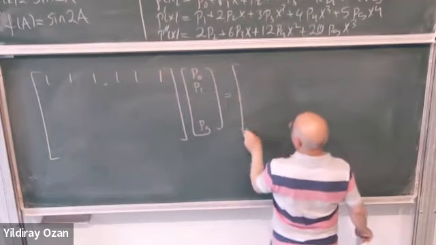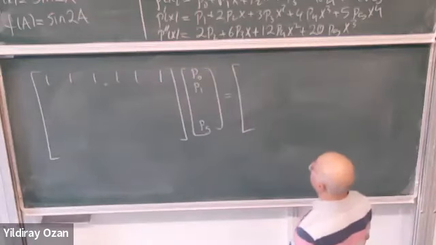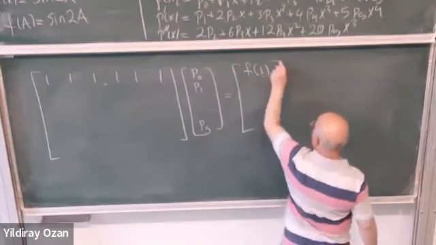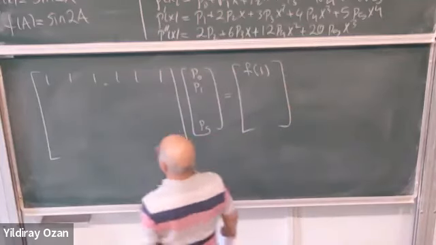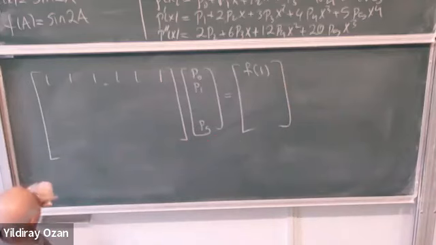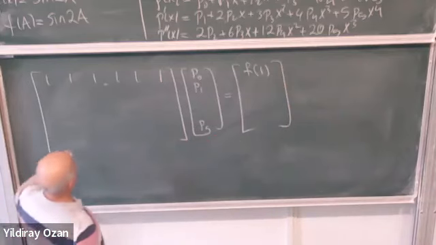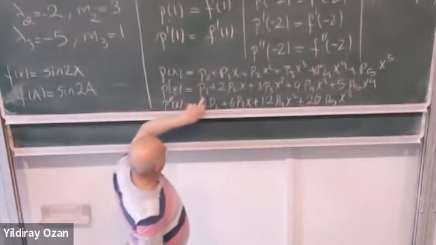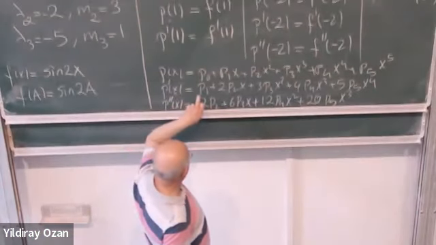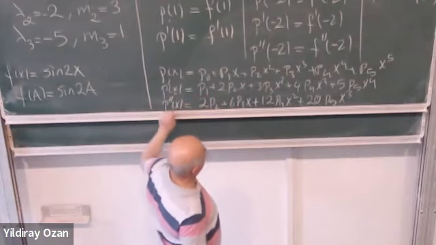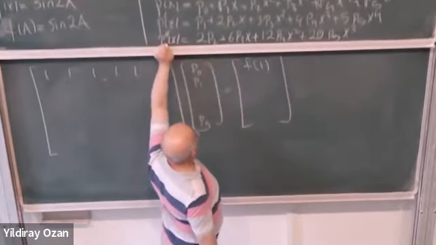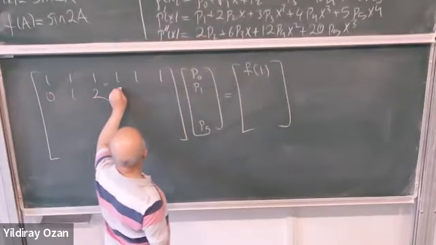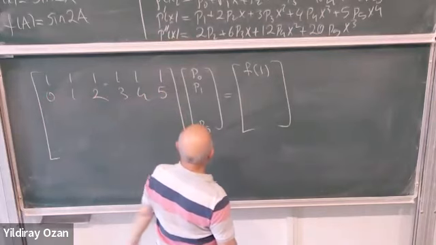And here we have the values. So this is f of 1. And then P prime of 1. When I plug in 1 here, the coefficients are 0, 1, 2, 3, 4, 5.